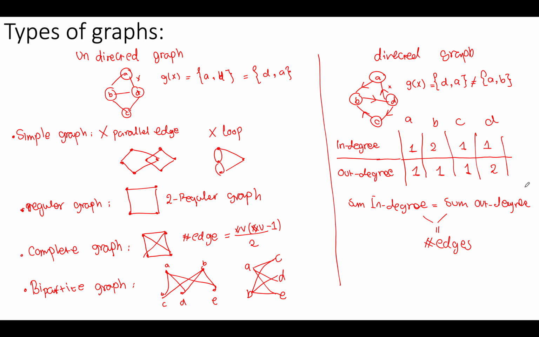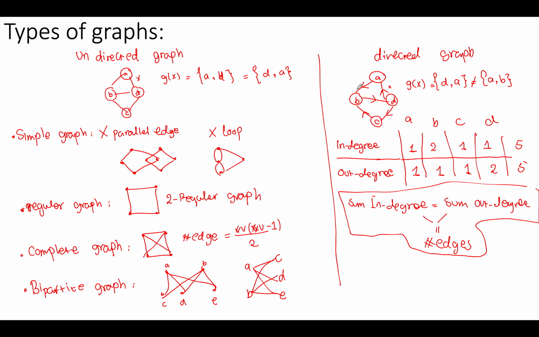So if we try to check whether this theorem works, let's start counting. Here, the in degree for this graph is equal to 1 plus 2 is 3, plus 1 is 4, plus 1 is 5. And here we've got the out degree: 1 plus 1 is 2, plus 1 is 3, and 2 more is also 5.